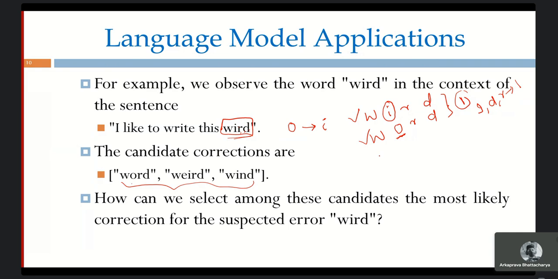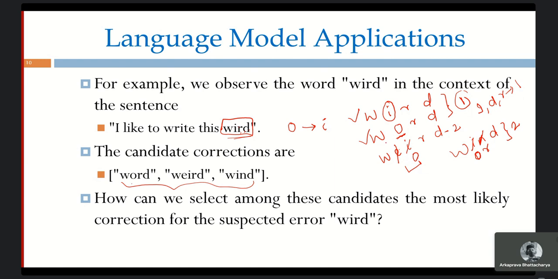If you look at this one, WEIRD, now I need to delete E and replace I with O. So I have done two different operations here, one delete and one replace. So the distance would be 2. The next one is WIND, and if you see WORD, I is replaced with O, and again I should replace N with R. So again, the distance is 2.